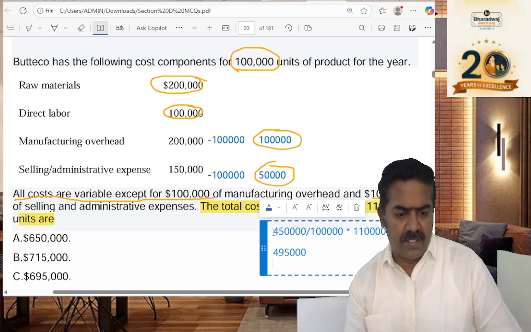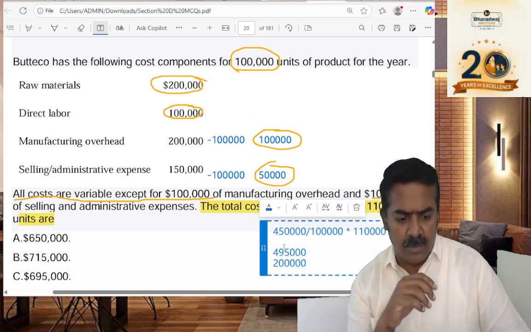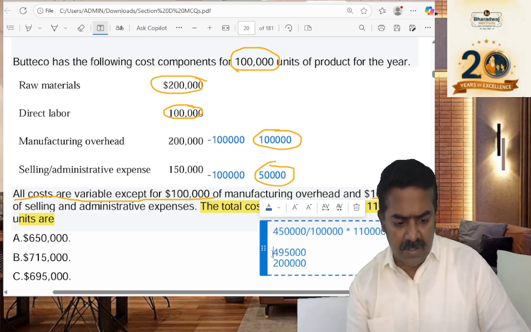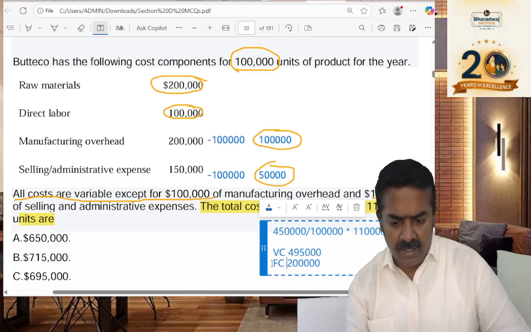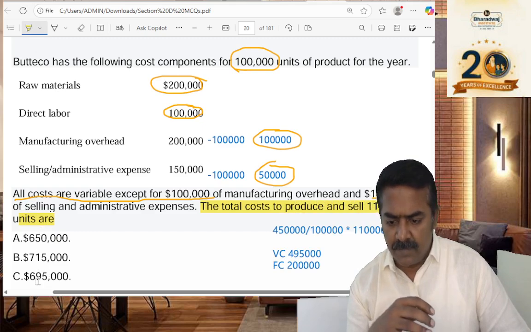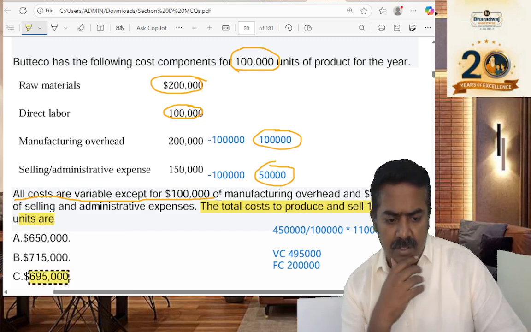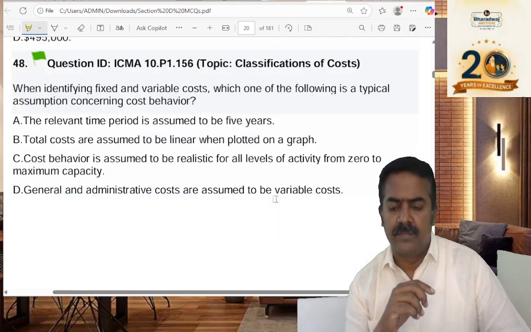Plus fixed costs. Plus fixed cost goes 2 lakh. 1 lakh plus 1 lakh, 2 lakh. This is your variable cost. Then fixed cost is that 1 lakh plus 1 lakh. Answer is how much? 6 lakhs 95,000. The question is total cost to produce and what? Sell.